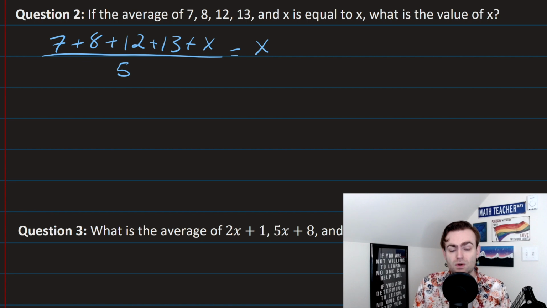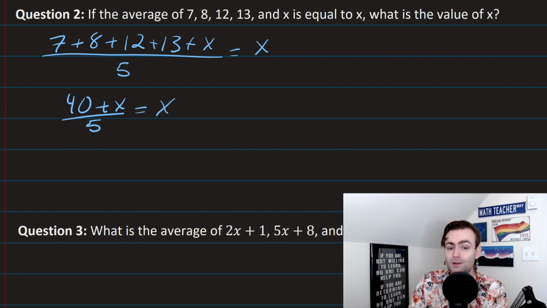And we can solve this. So let's go ahead and solve this. We have some addition that we can simplify. 7 plus 8 is 15. 12 plus 13 is 25. And 15 plus 25 is 40. So we have 40 plus x over 5 is equal to x. We can get rid of the division. We can undo the division by multiplying both sides by 5.